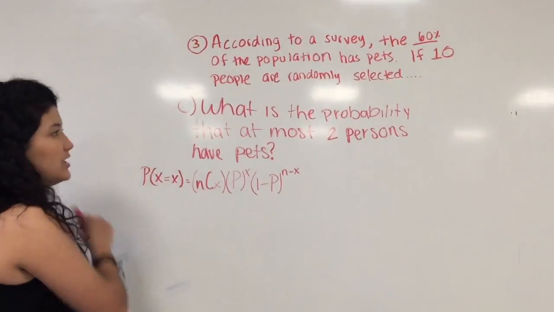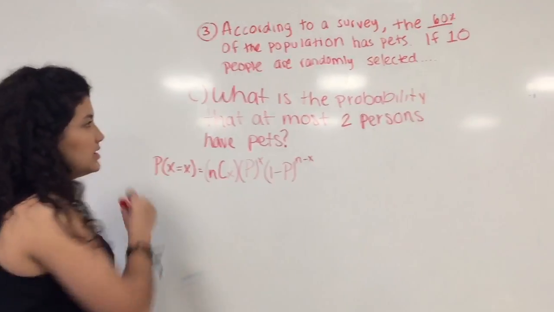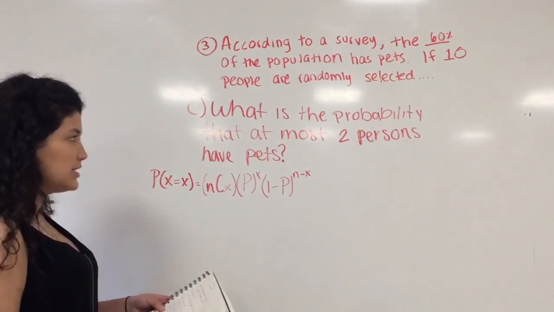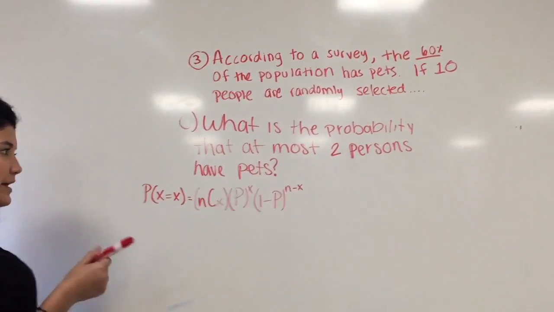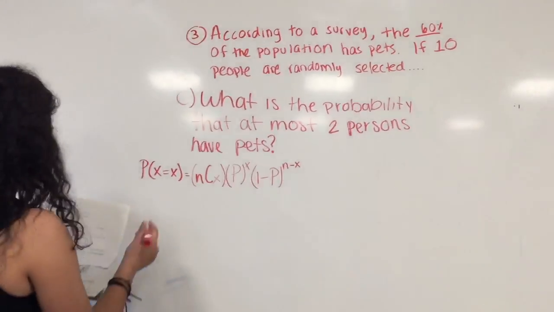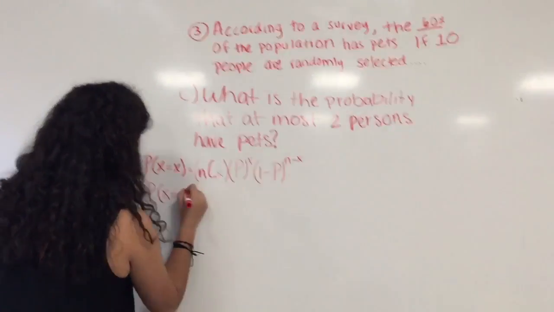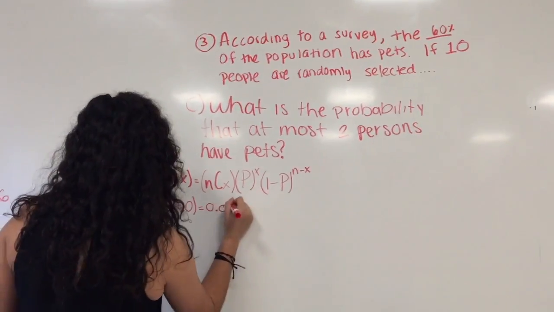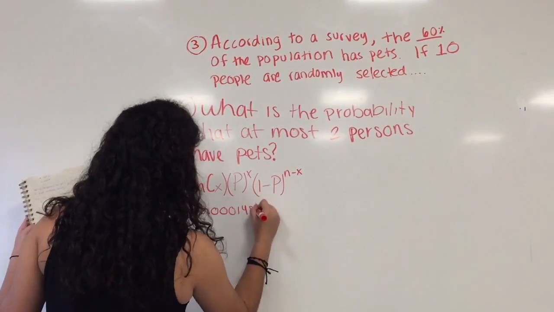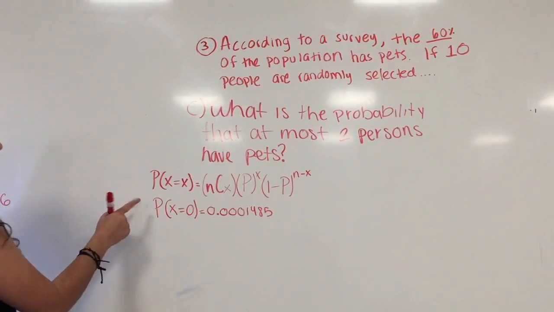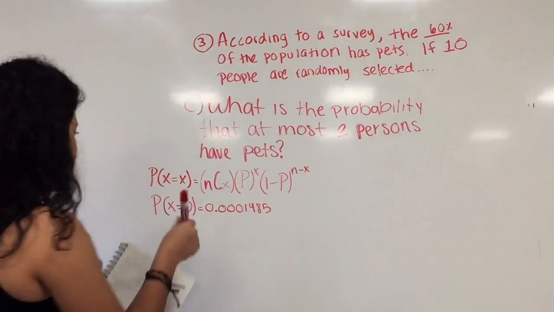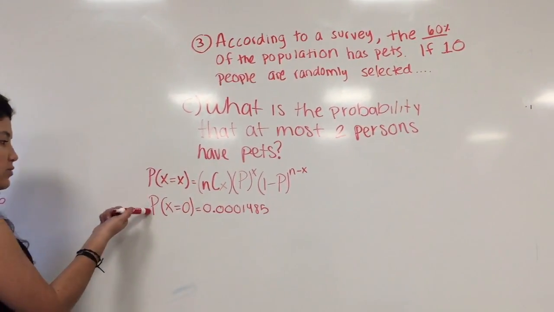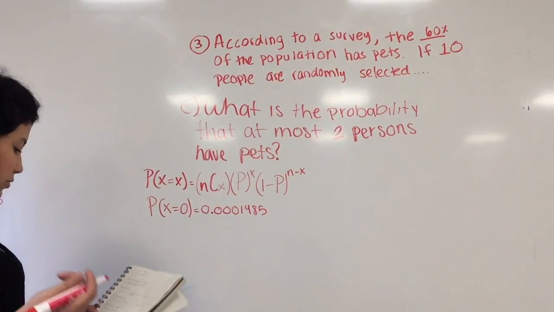Now in letter C, they ask us what is the probability that at most 2 persons have pets, and we have to use the same formula as in the past two questions. This is the number that we used in the other question, and then we have to do the same procedure as in this one, but with 1 and with 2.